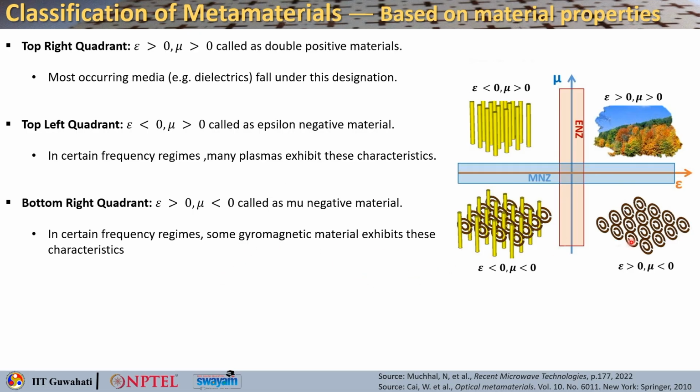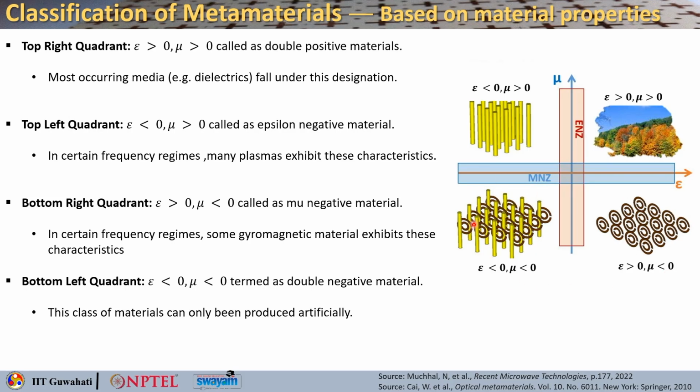In certain frequency ranges some gyromagnetic materials exhibit these properties. And the third quadrant, where both epsilon and mu are simultaneously negative, you can call double negative material, and this class of material has to be produced artificially. So, this is the true metamaterial section.